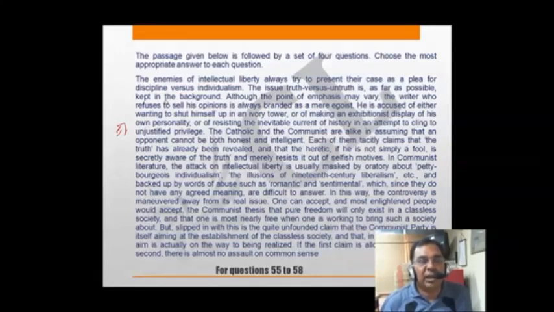Okay, so first thing, intellectual liberty does not mean truth versus untruth. It is only discipline versus individualism. They don't like to follow the trodden path.